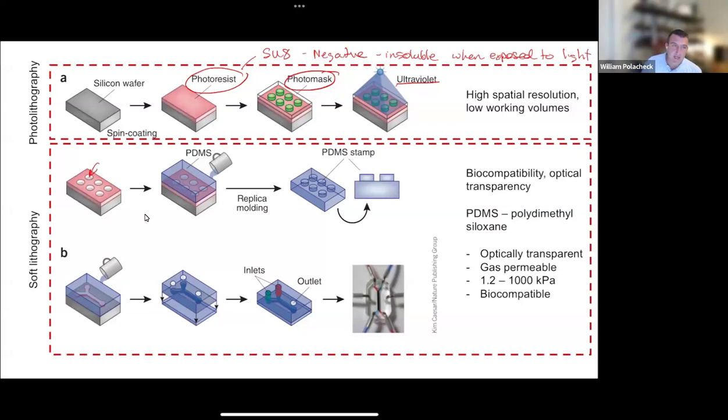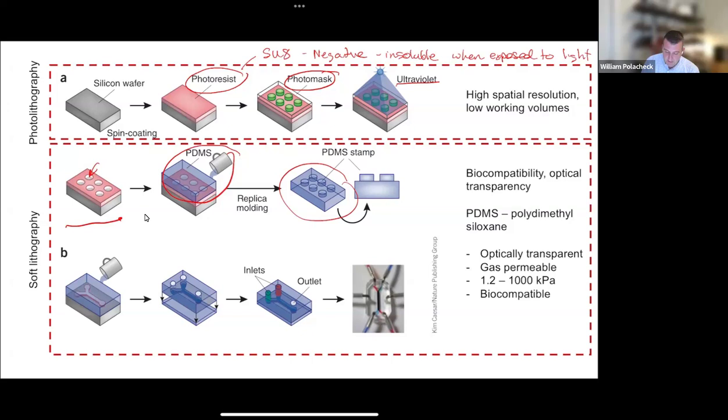The problem though with this approach is that one, silicon is really stiff, and two, photoresist is not very biocompatible unless it's treated. So what we often do in the microfluidics realm is we just use this patterned silicon wafer as a negative mold for the eventual microfluidic device, which is created by pouring on PDMS or some other polymer and letting it cure on top of our features, peeling it off, and we end up with an inverse of what was patterned on the original wafer.